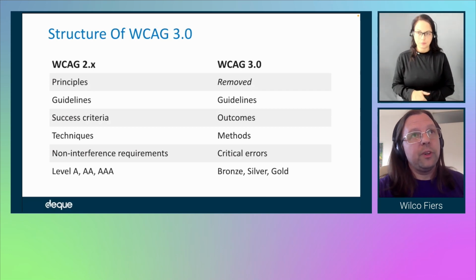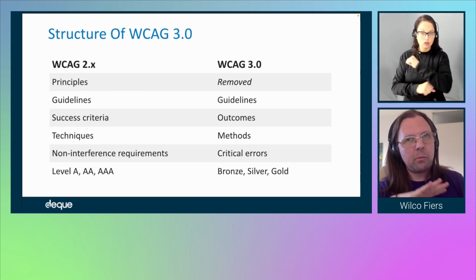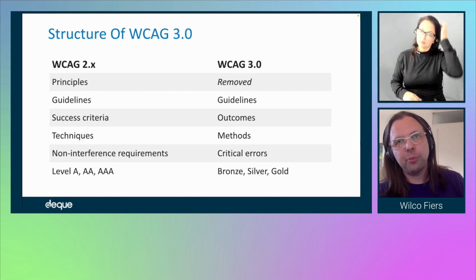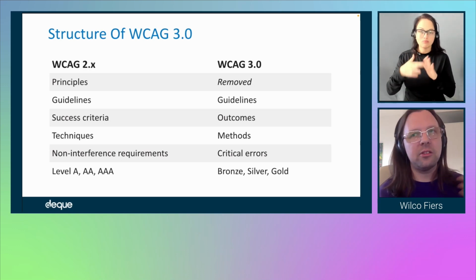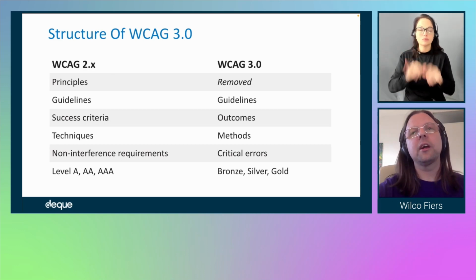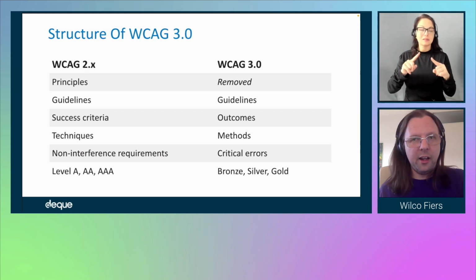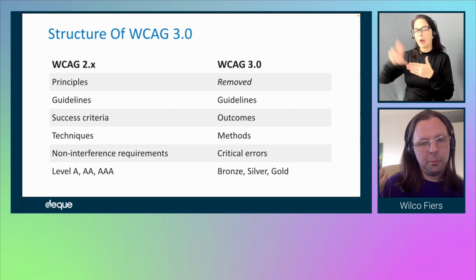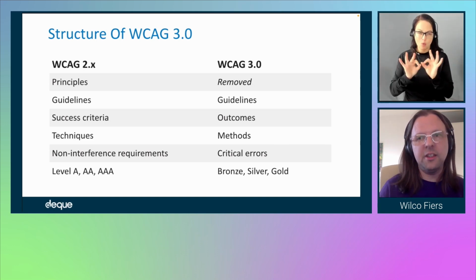As for WCAG 3 structure, the way we're currently looking at it, WCAG 3 will no longer have principles. It is a guidelines document, so guidelines stay there, but WCAG is shifting over from success criteria to outcomes. And there's a subtle difference there, but the difference is important in that what matters is the end result.